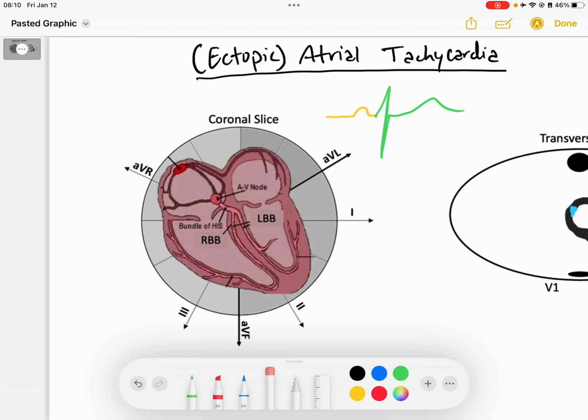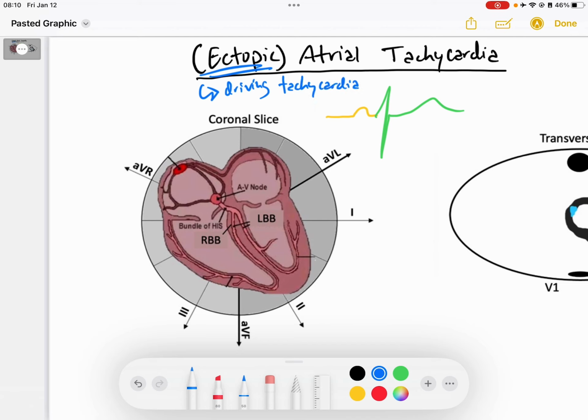And we know that sinus tachycardia can occur when the sinus node is beating above 100 beats per minute, but atrial tachycardia, or ectopic atrial tachycardia, as its name implies, is an ectopic focus that is driving the tachycardia. And what do I mean by that?